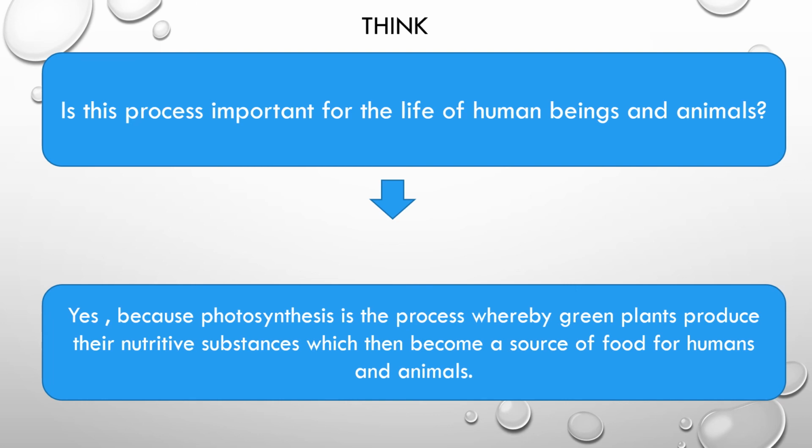Why? Because photosynthesis is a process whereby green plants produce their nutritive substances, their food, which then becomes a source of food for who? For humans and animals. So during photosynthesis, green plants produce their food, and this food is a source of food for humans and animals.